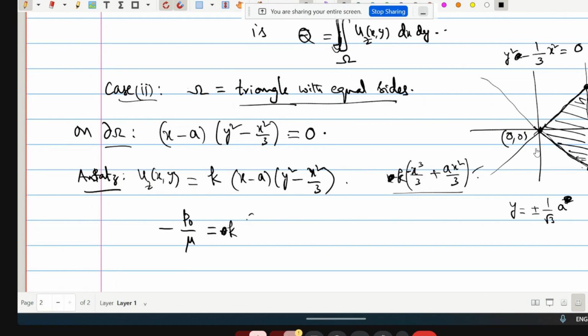So minus 3x square minus 6x by 3 plus 2a by 3. Is this correct?